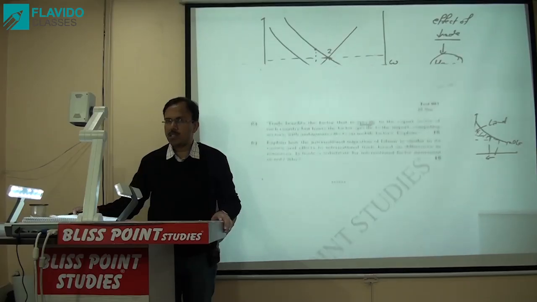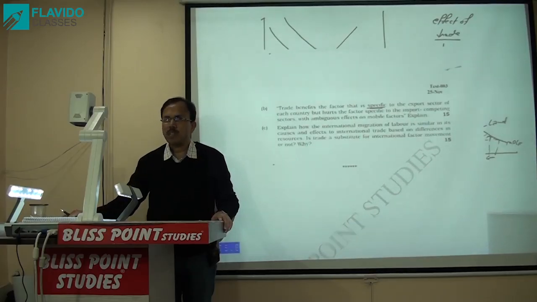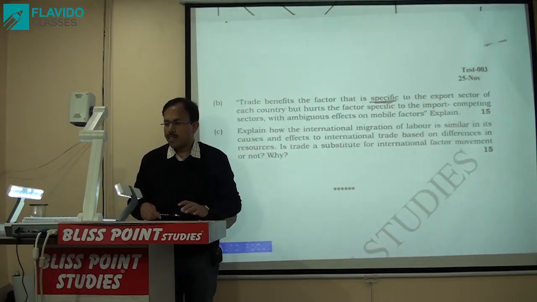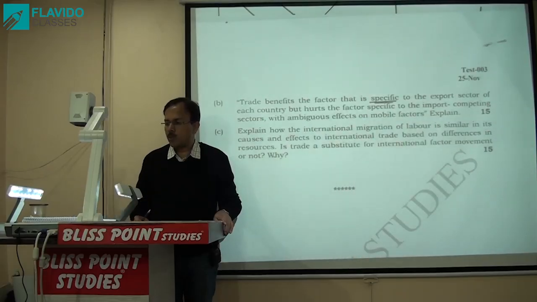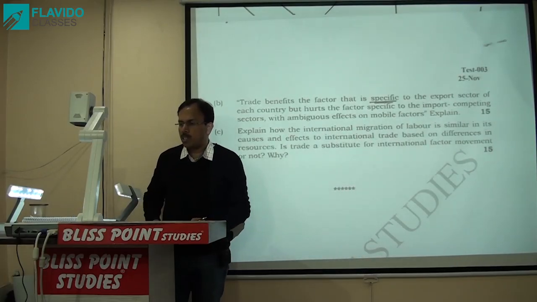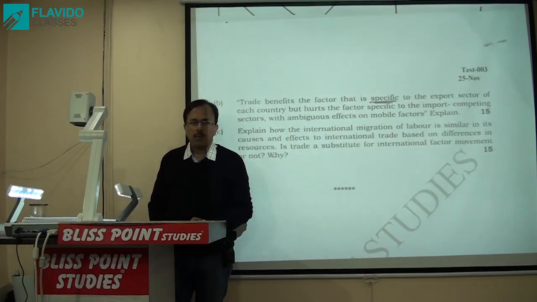Now you can read this question again. Trade benefits the factor that is specific to the export sector of each country, but hurts the factor specific to the import competing sector, with ambiguous effect on the mobile factor.